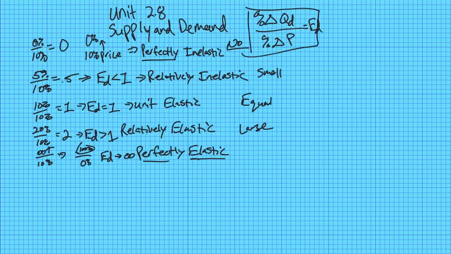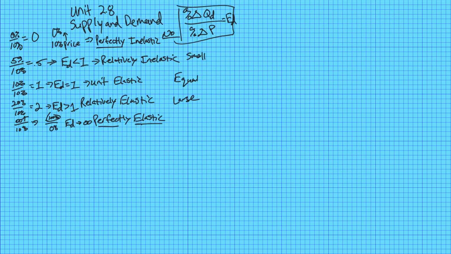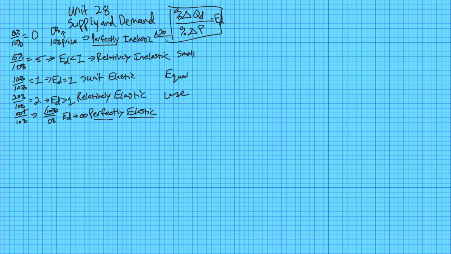Now what we can do is look at these things graphically. We're going to use our two most common ones, which are relatively inelastic and relatively elastic, to highlight what this looks like. So just to show a common one, we can graph a demand curve, and it looks like this. We have price and quantity, and this downward sloping demand curve.